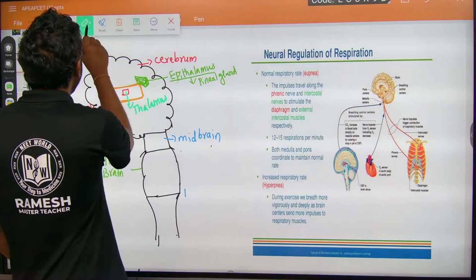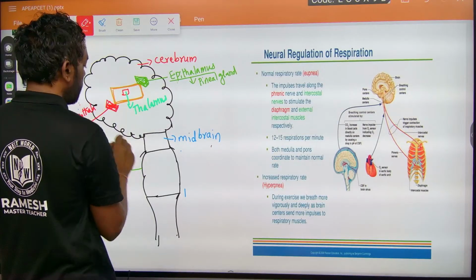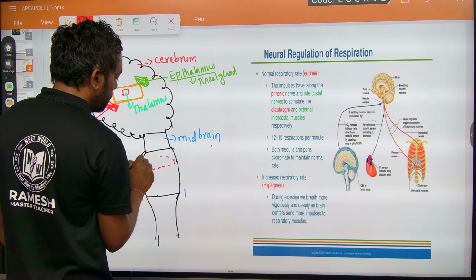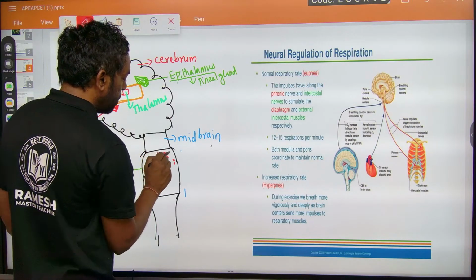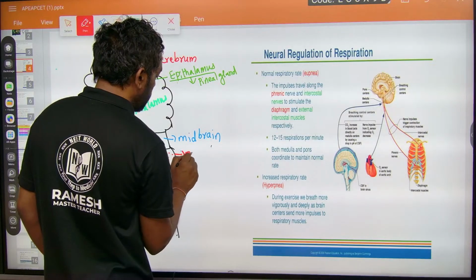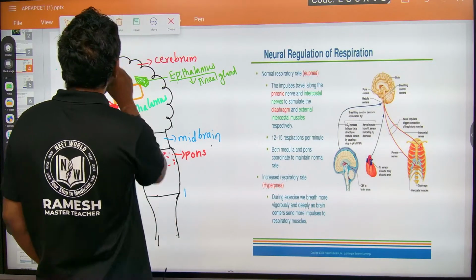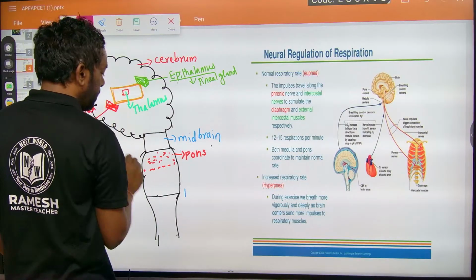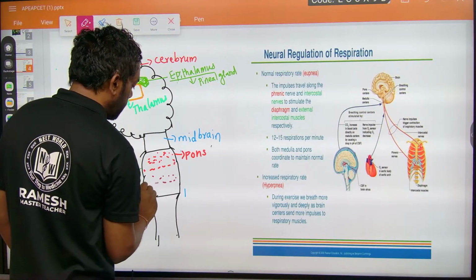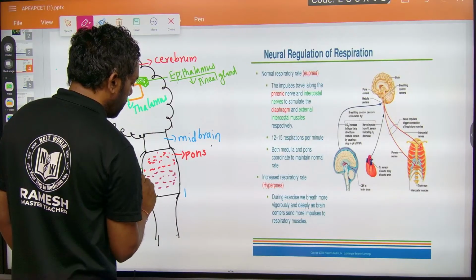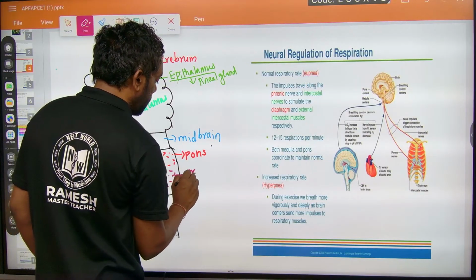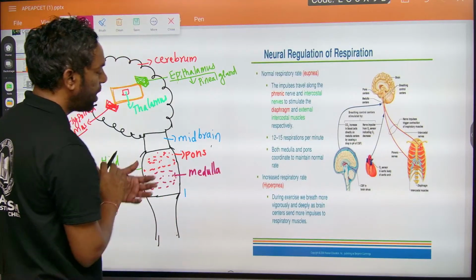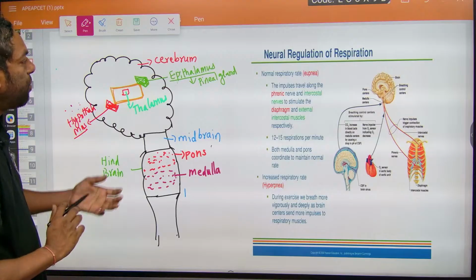The hindbrain has two parts: this part is the pons and this part is the medulla oblongata. So what is the question?